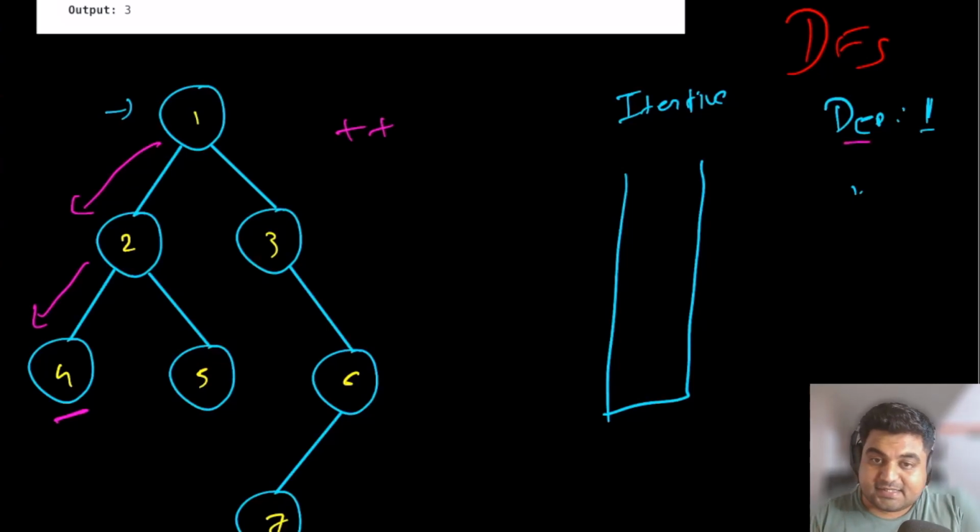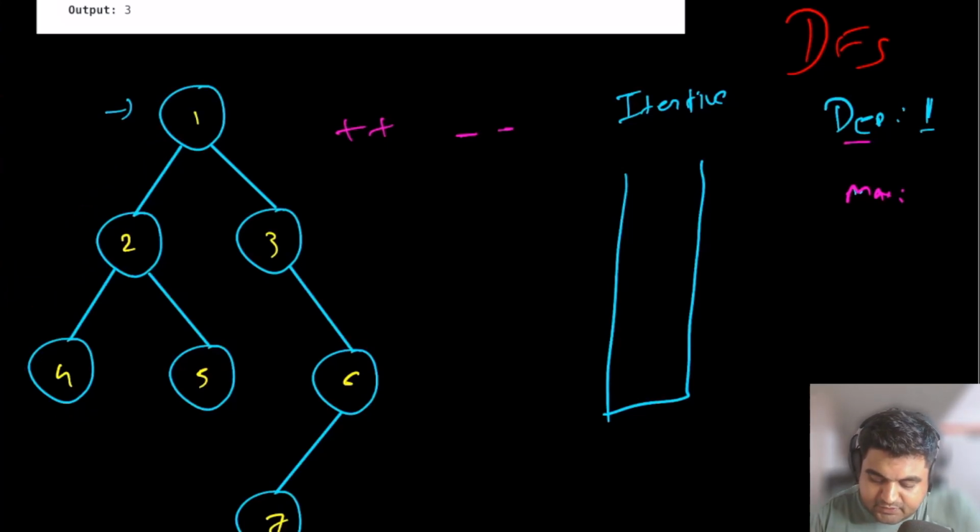But since this is DFS, we will have to backtrack many times. And whenever we backtrack, we are going to subtract from the depth we have found so far. We are also going to have a variable called maximum depth that allows us to capture the maximum depth we have been able to find, because it could lie anywhere on the tree.